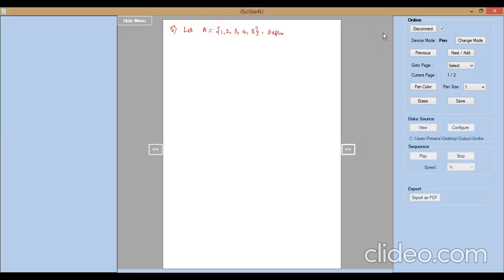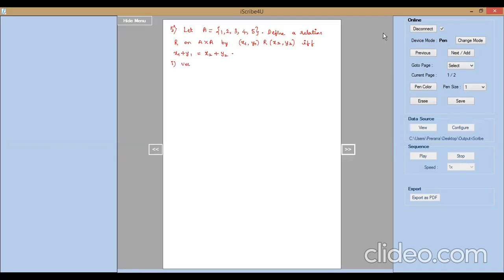Define a relation R on A cross A by (x1, y1) is related to (x2, y2) if and only if x1 plus y1 is equal to x2 plus y2.